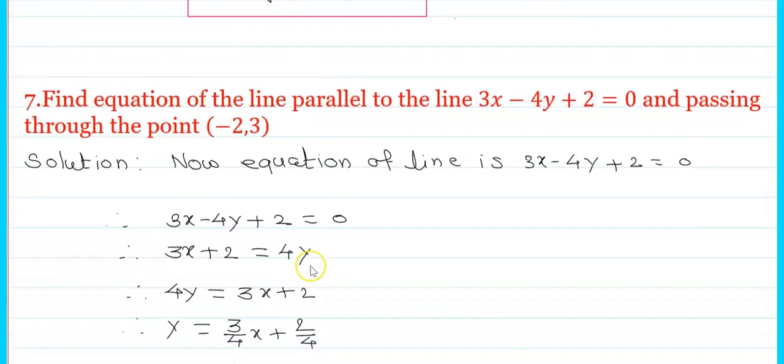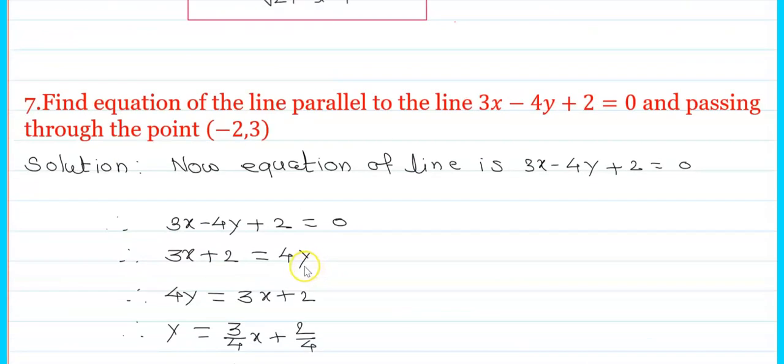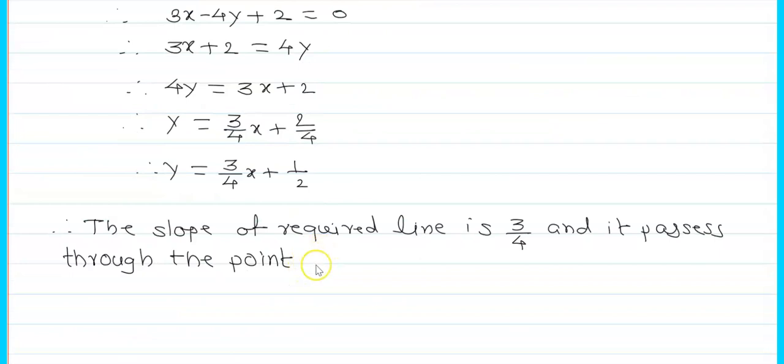What is the point? The point is minus 2, 3. Now we know the slope as well as the point.